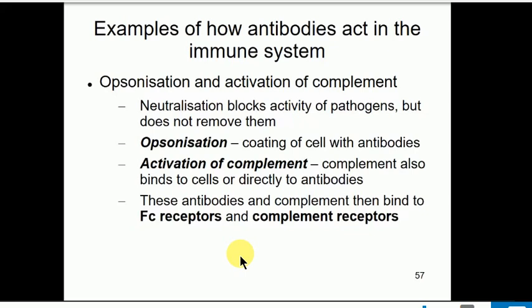And complement protein is also recognized by receptors called, not surprisingly, complement receptors. So what the binding of antibodies does in this case is it makes the foreign item, the toxin, the virus, the bacteria, cell, whatever, more recognizable by cells of the immune system than would otherwise be the case.